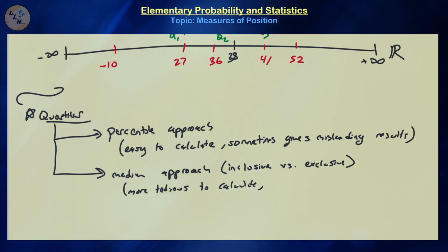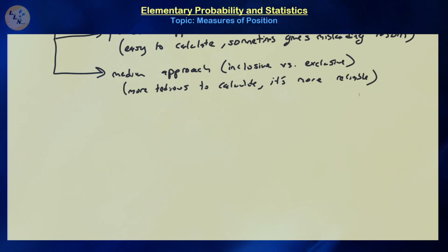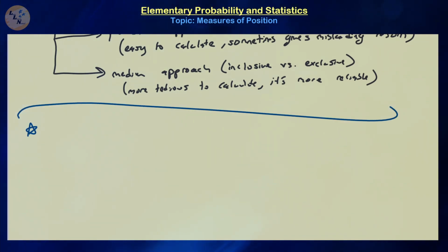But it's more reliable in terms of interpretations. So those are some of the things associated to quartiles that you definitely should be aware of. And let's also summarize the measures of position as a whole while we're at it.